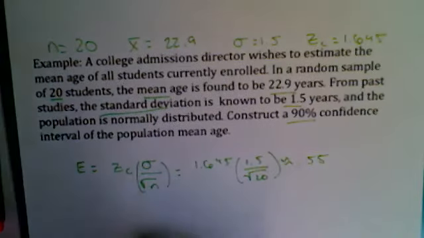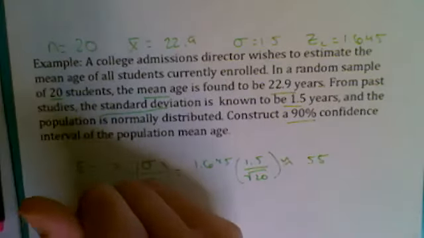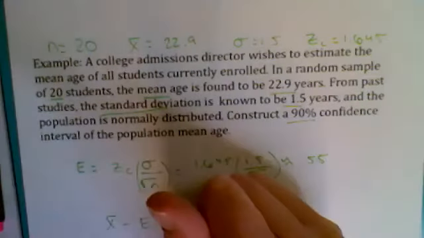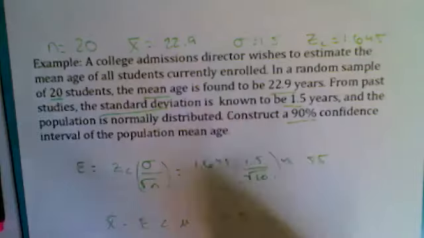All right, so once I have that 0.55, I'm going to subtract and add that to my mean.